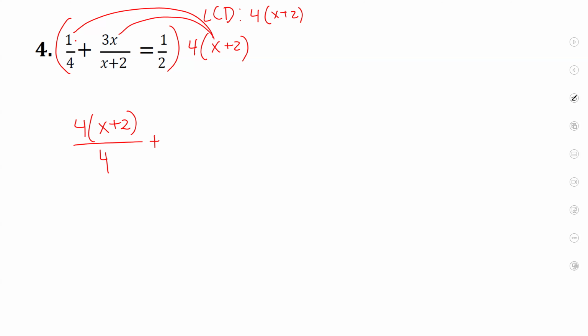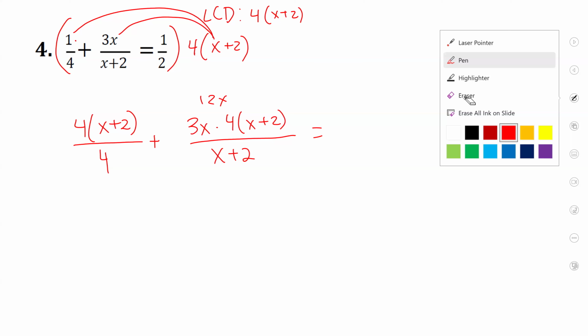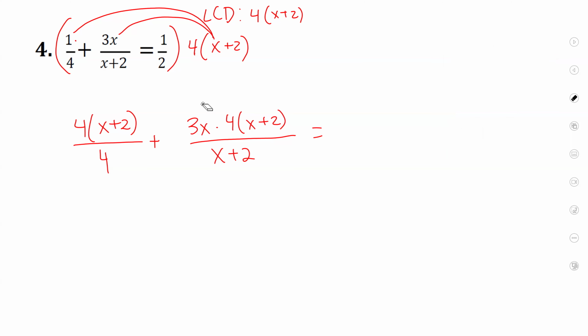This times this. 3x times 4 times x plus 2 over x plus 2. If you want to, you can turn this into a 12x. That's also fine. Okay, next. All of this times 1. 1 times 4 is just 4. X plus 2 over 2.